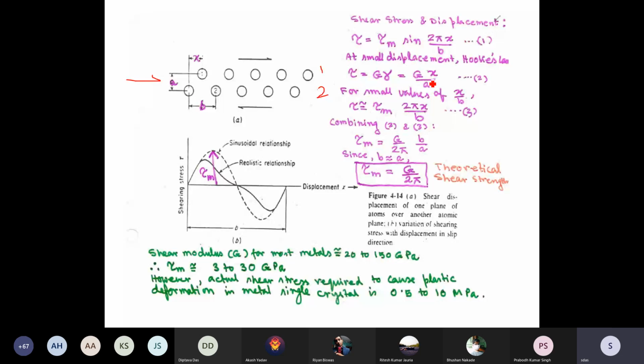So Hooke's law becomes tau is equal to G gamma, and instead of gamma I can write tau equals G x by a. So I get this sinusoidal relationship, equation 1, and another relationship, tau equals G x by a, equation 2.